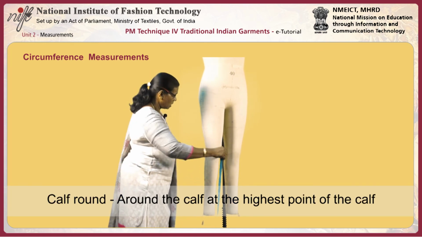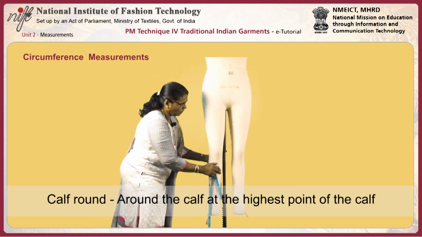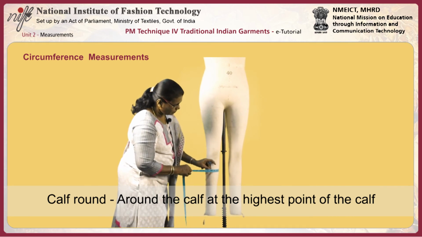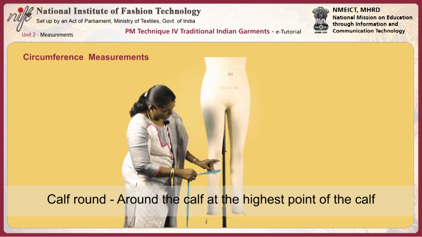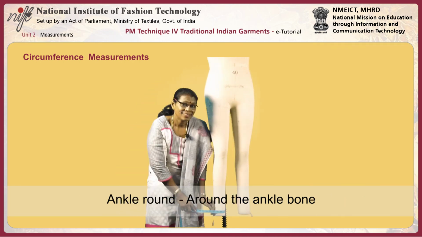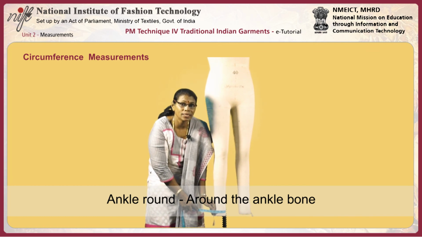And at the calf level, the highest part of the calf, parallel to the floor, around the calf with one finger ease is the calf circumference. Ankle circumference is at the ankle bone, around the ankle with one finger ease.